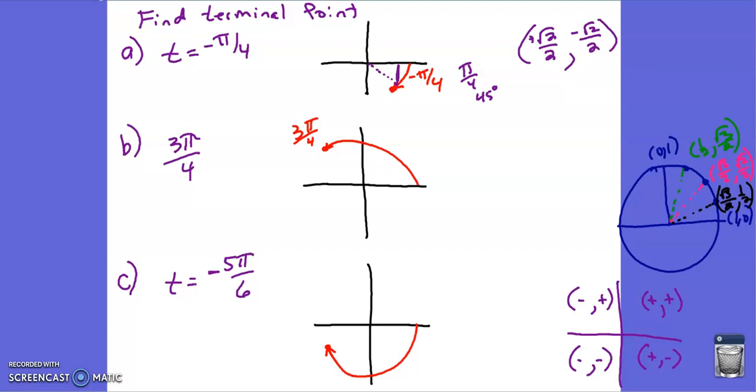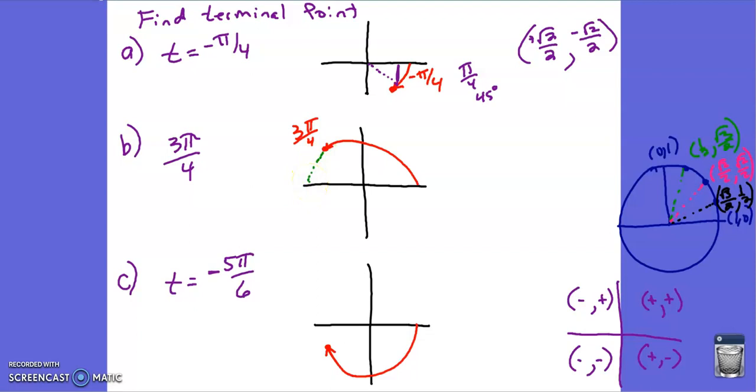So let's look at the second one, part B. Part B, we have 3/4 pi, but if you look at the reference number, the reference number is the distance left over to the x-axis. Let me draw a circle here.